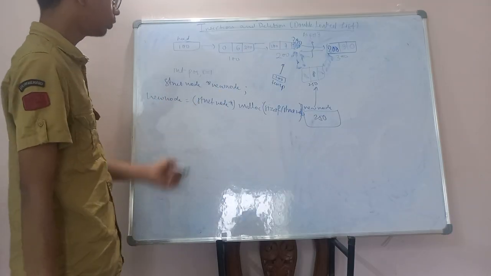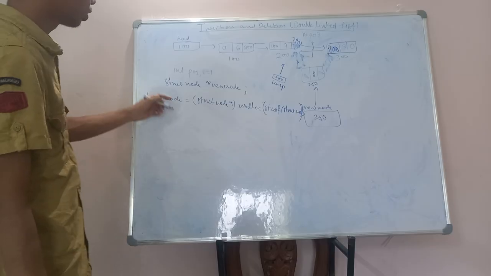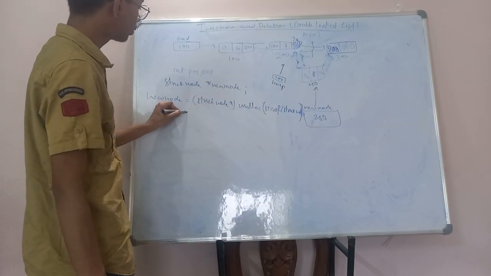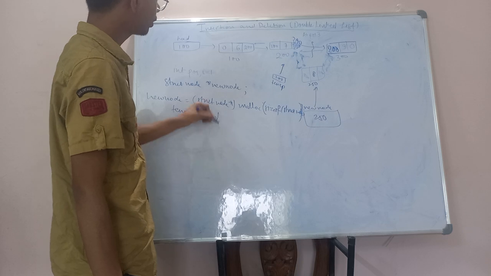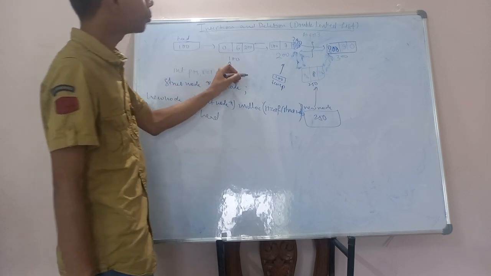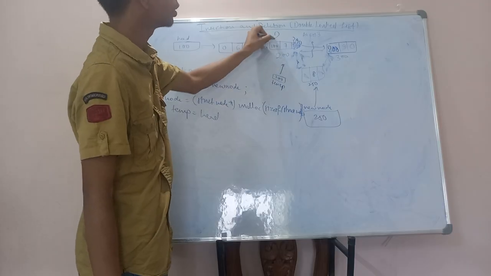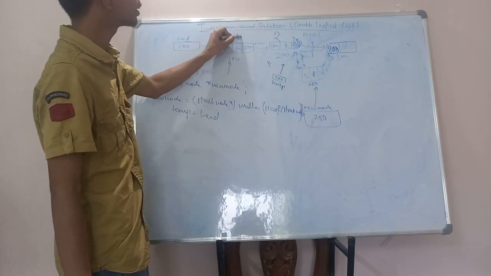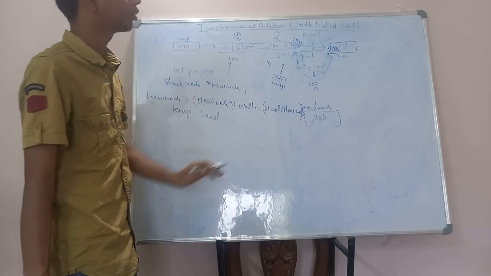Now I will see first when my temp will point here, then I will run a loop. Within that loop my temp will point there at position 2, and this is what I want. That means at the first iteration my work is done for 3.